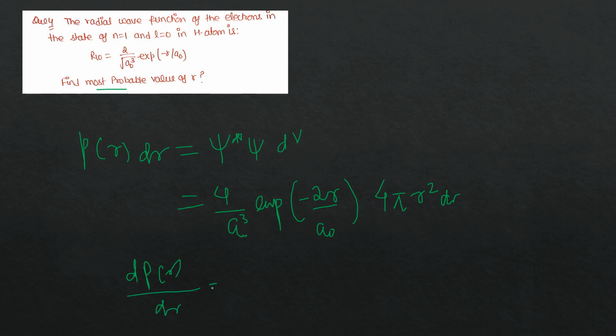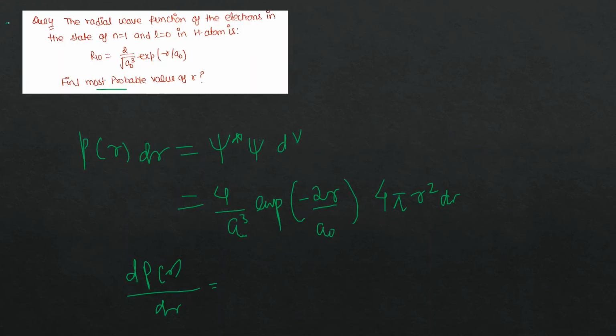Question number 25. dP by dr is equal to 0, so you just have to take the derivative. The constants will go to the other side and become 0, so only the main part remains.